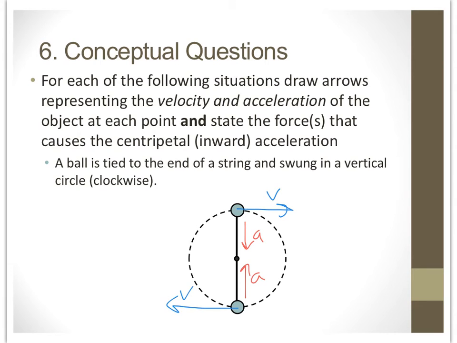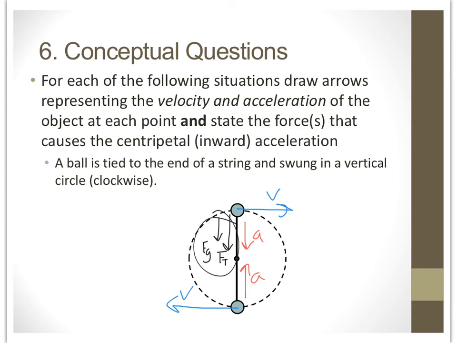Now, the forces that are creating that inward acceleration, in the case of this upper one, we have tension in the string pulling inwards. Because it's a vertical circle, a ball being swung around vertically, we're also going to have the force of gravity. Both of those forces combine to give us that centripetal acceleration in this case.